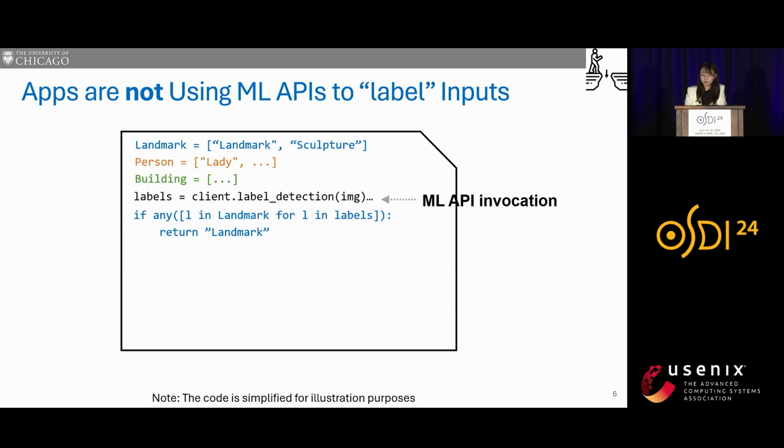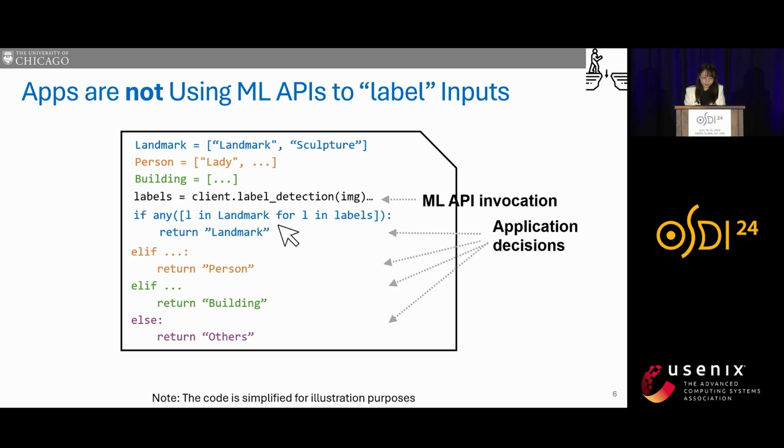And to do so, it defines several if conditions. For each if condition, it goes through all the outputs returned by the label detection API. And for each label, it checks if it is in the landmark equivalent class. If so, the if condition will be evaluated to true and return landmark.